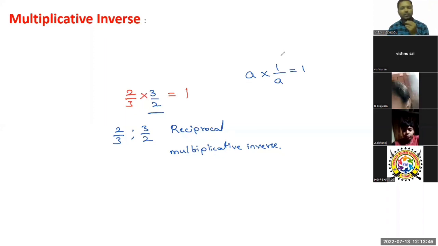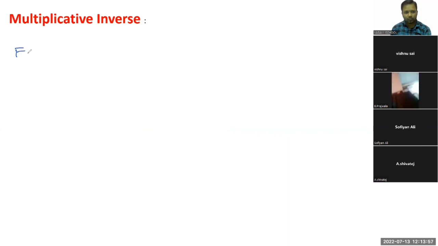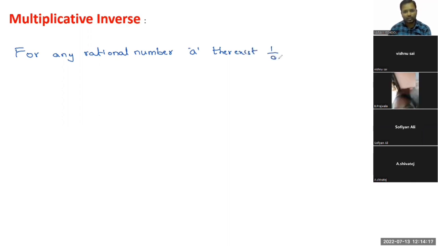Okay, so just write that condition. I'll write it here. You need to copy it, or at least take a screenshot. For any rational number a, there exists 1 by a.